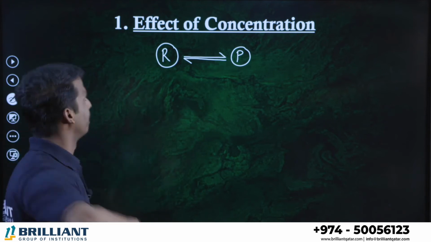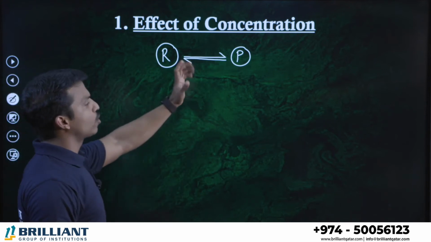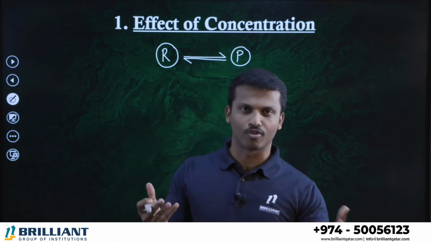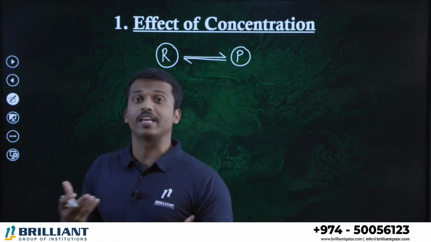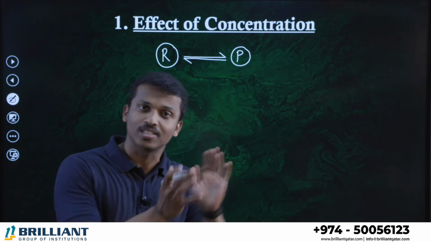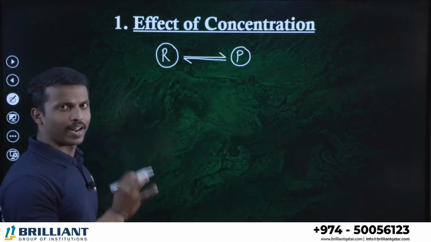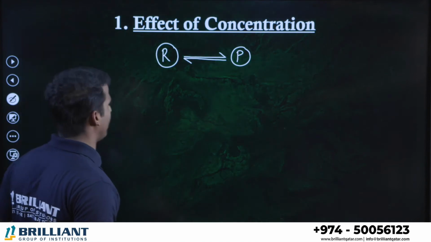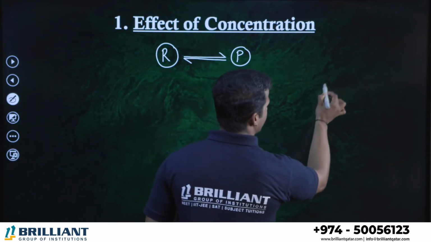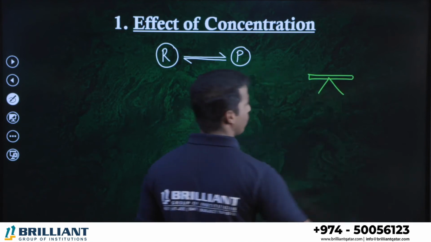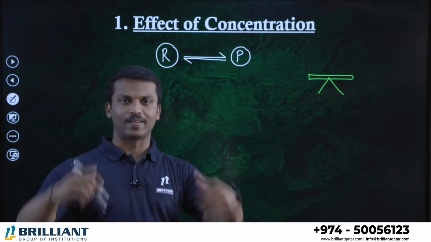Clear all? Okay. Let's make a change in concentration. With concentration, you know, the amount, right, number of moles or something you're going to increase, for either reactants or product. Let's see. You know the seesaw arrangement, right? You know the kids playing in parks. Like we studied a seesaw, right? It's a balanced state, right?